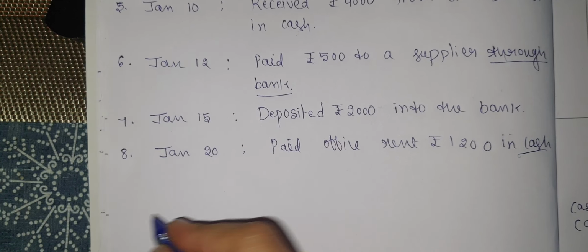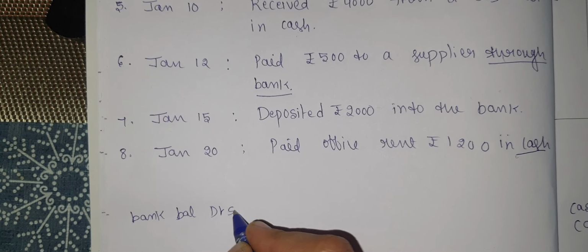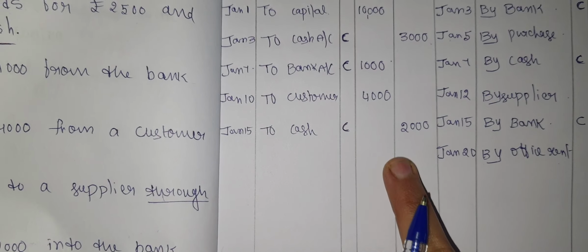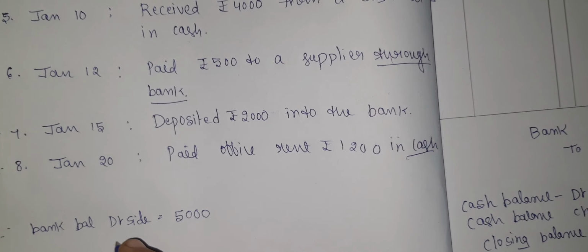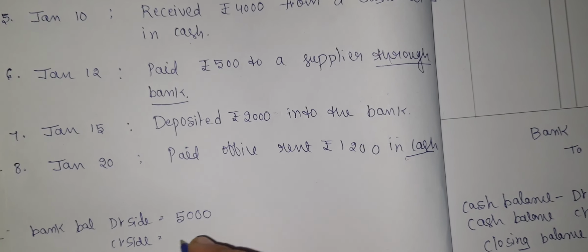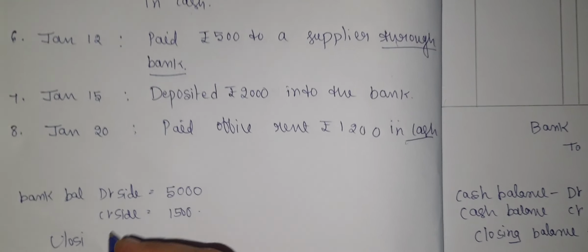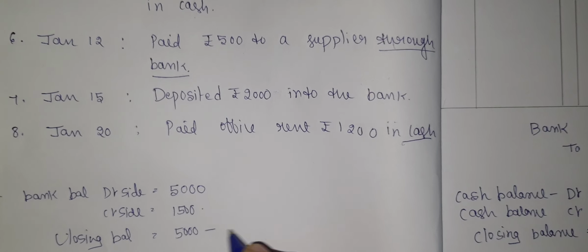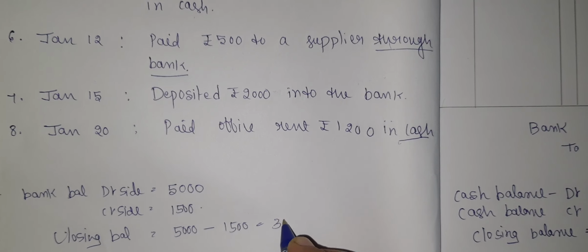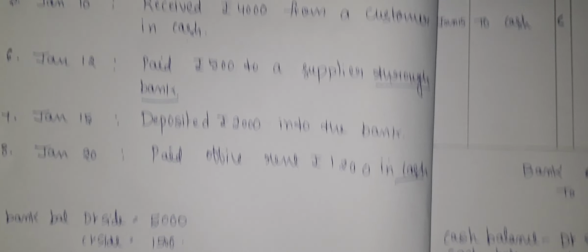I will write down here bank balance, debit side. See here, bank balance debit side 3,000 plus 2,000, that is 5,000, and credit side 1500. So closing balance 5000 minus 1500, that is rupees 3500.